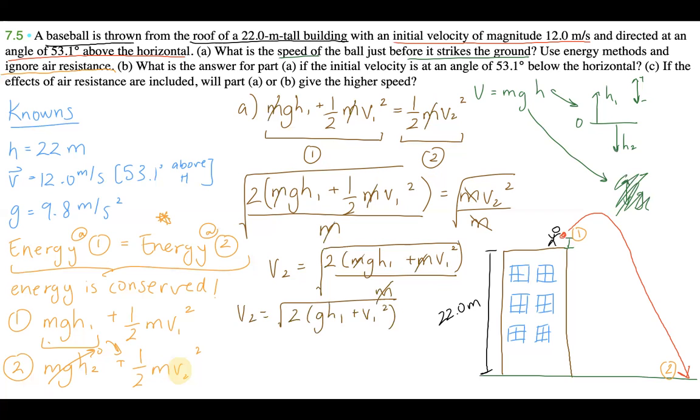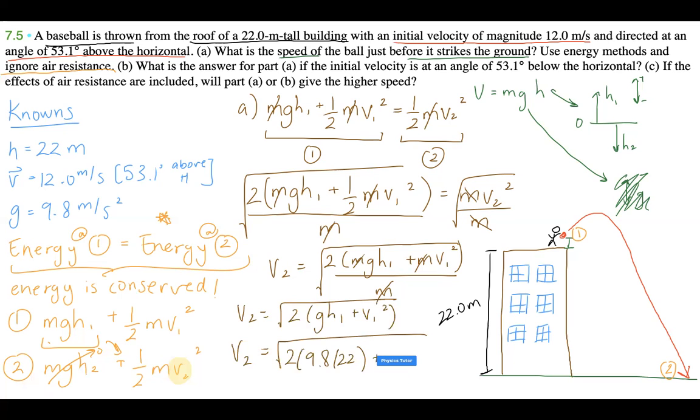Okay, so now all we have to do is plug in our values, and then we have our answer for V2. So what is that? V2 is equal to 9.8 times what's H1? It's 22 meters.